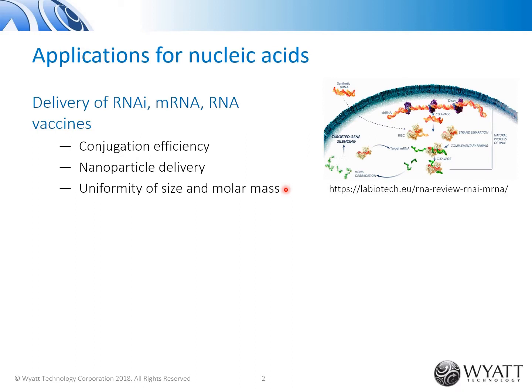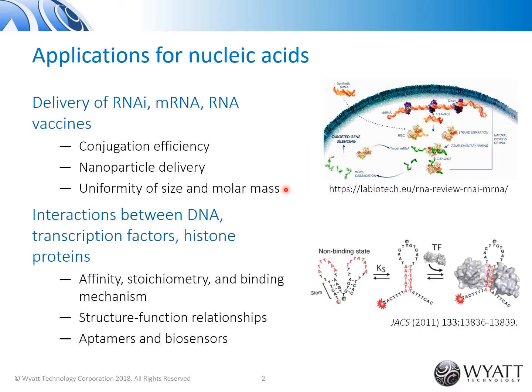What I'll show in the next few slides is that light scattering can provide key information about the size, molar mass, and conformation of these complexes. Characterizing the interactions between nucleic acids and host proteins or other molecules is also critical to understanding the underlying biology.